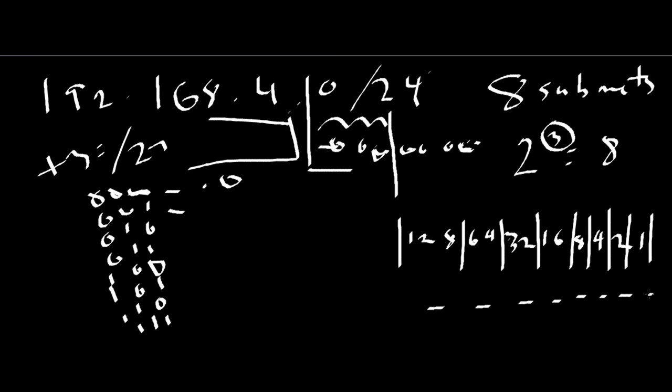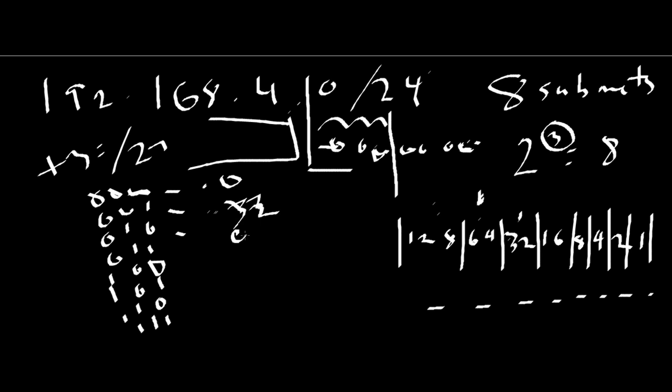dashes here. So in starting, remember, this is all from the left side. So 0, 0, 0 is just 0. Now we come here, 0, 0, 1. So 32 is turned on. So this is .32. Sorry for the bad handwriting. 0, 1, 0, right? 64.